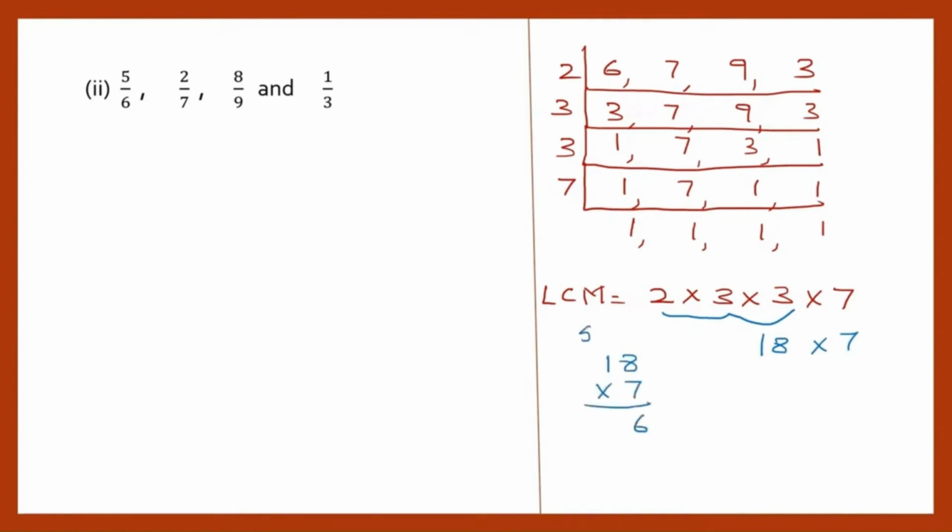I carry 5. 7 1s are 7 plus 5, 12. 126. So we're going to use 126 as the denominator. We have 4 fractions. Now my denominator for all these is 126.